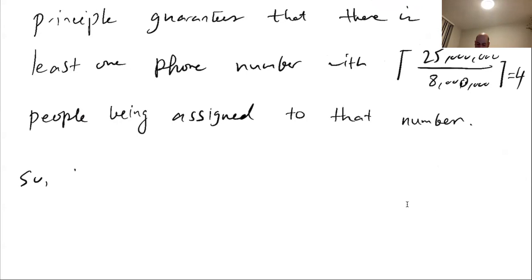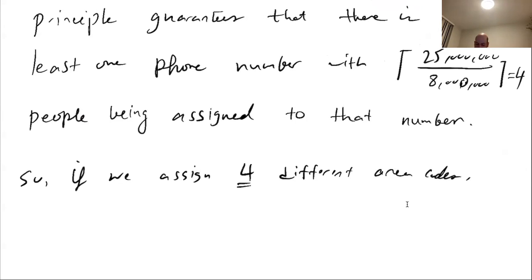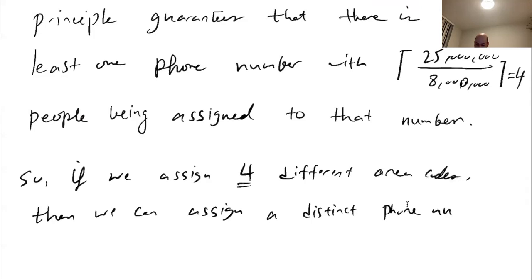So if we assign 4 different area codes, then we can assign each person a different, distinct phone number, to each of these 25 million people.